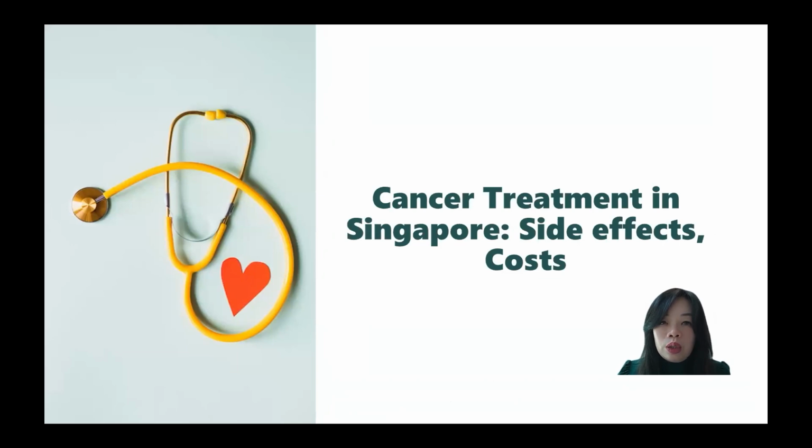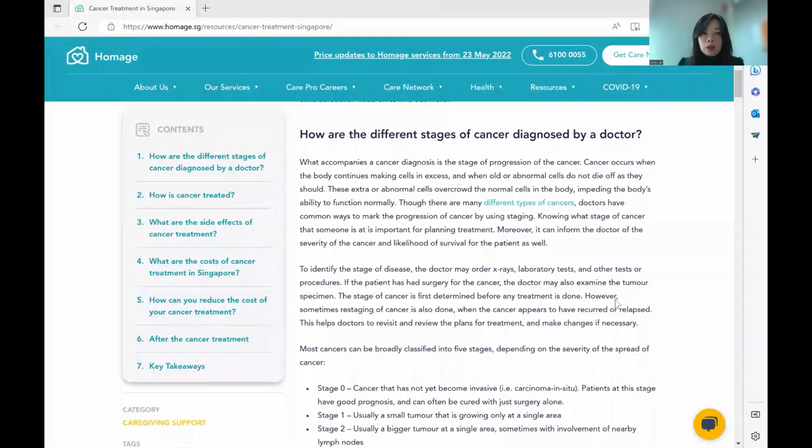Which brings me to cancer treatment in Singapore, its side effects and its cost. I came across a website called Homage, which I find to be very good research on the various cancer treatments and their relevant costs.